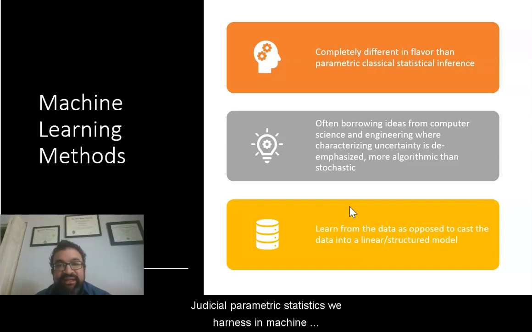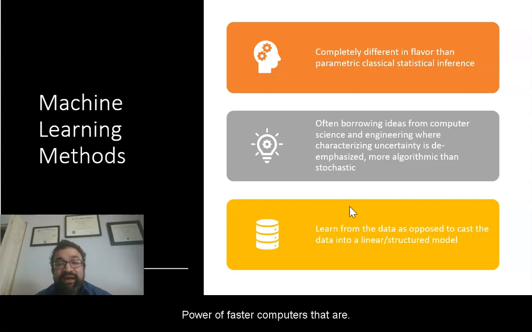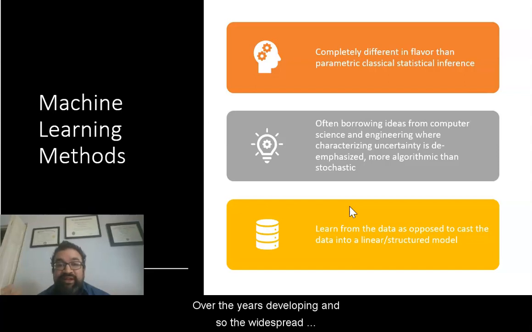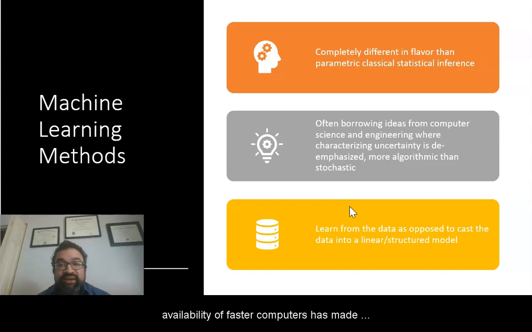In machine learning we harness the computational power of faster computers that are developing over the years. The widespread availability of faster computers has made machine learning possible and feasible at the individual level.